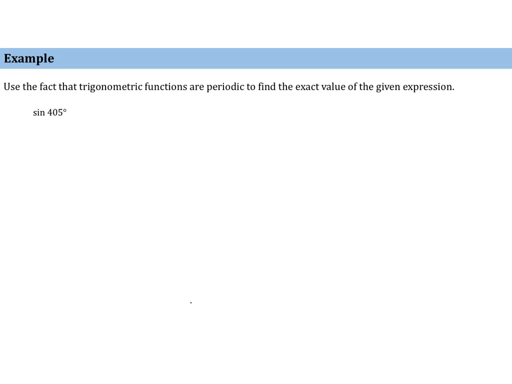So let's just simply look at the fact that 405 degrees minus a revolution is going to yield for us 45 degrees. So sine of 405 degrees is equal to the same thing as sine of 45 degrees plus 360 degrees.